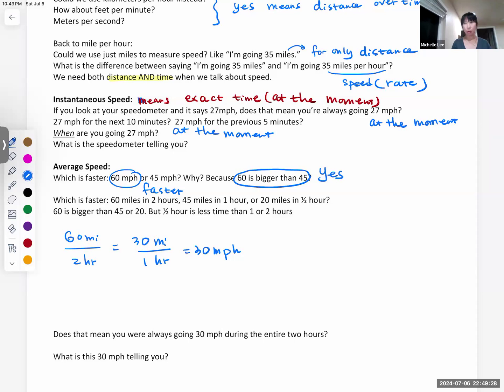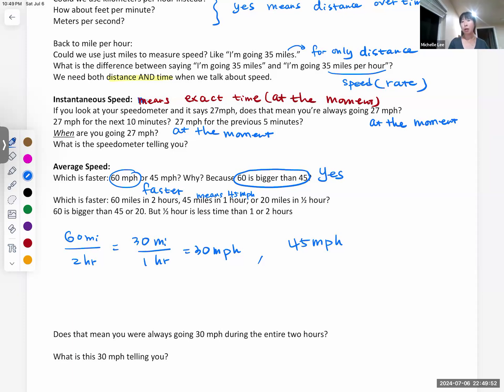We can denote it this way. 45 miles in 1 hour means 45 miles per hour.